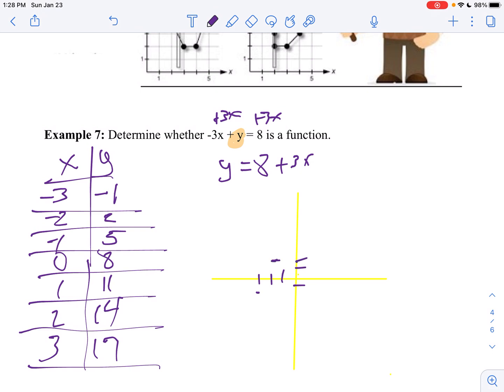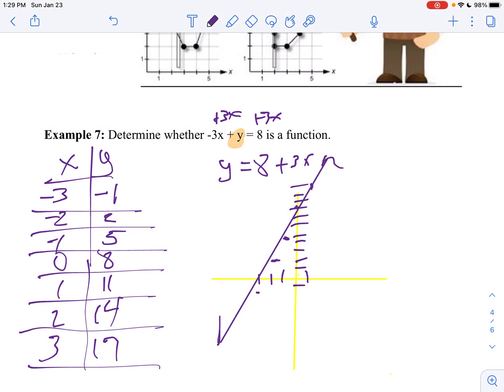I'll have -1 and 5. And then I'll have 0 and 8. 1 and 11. And you see the pattern going up? This is continuous, so I'm going to draw my line going through those points.